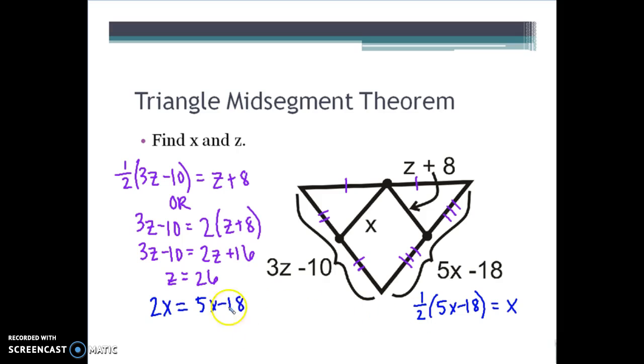Either way works. I just prefer to do twice the midsegment. So all I'm going to do is subtract my 5x over, so I get negative 3x equals negative 18. Divide by negative 3, so I get x equals 6. And that's all there is to it.